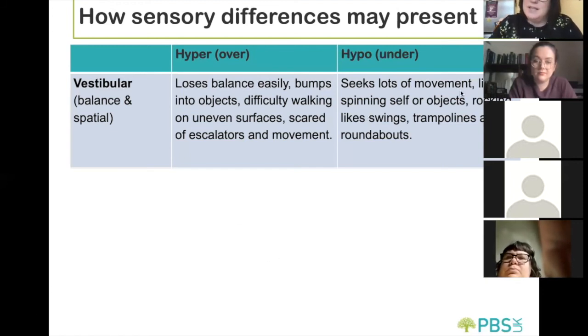People who are undersensitive, again, are going to be movement seekers. They like spinning, rocking, swinging, trampolines and roundabouts, all those things that stimulate that inner ear, that sense of balance that we've all got. Roller coasters too. There might be adrenaline junkies who like some of those more active things that I don't like.